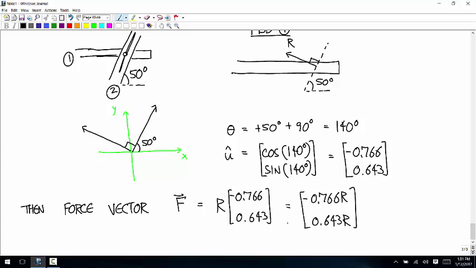If we didn't know anything about that force vector, we'd have to solve for two variables, an x component and a y component, and for that you need two equations. What we have now is expressions for the x and y component that only depend on one variable. You only need one equation to solve for it. So that's going to be a key idea.